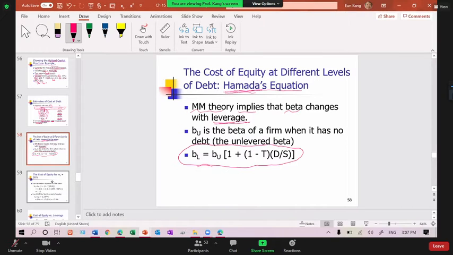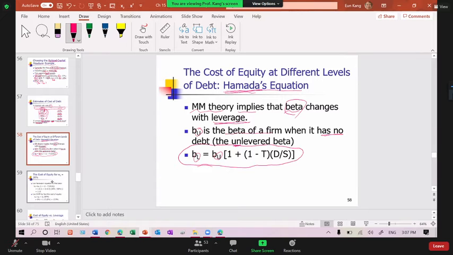That means what? More borrowing means the company become more risky, so beta should go up. And BU, as we have already seen, BU is the beta of the firm when it has no debt. We call it unlevered beta. So BL is levered beta, unlevered beta. So we used it already, right?